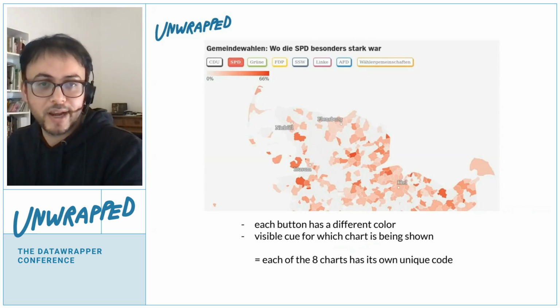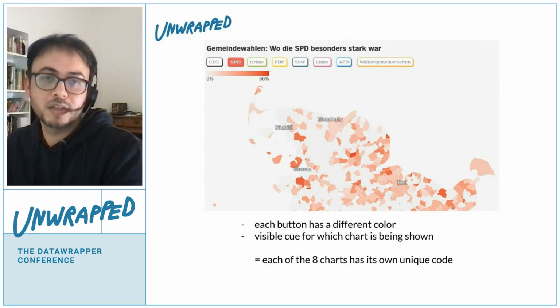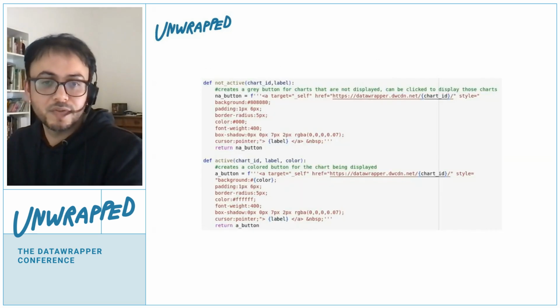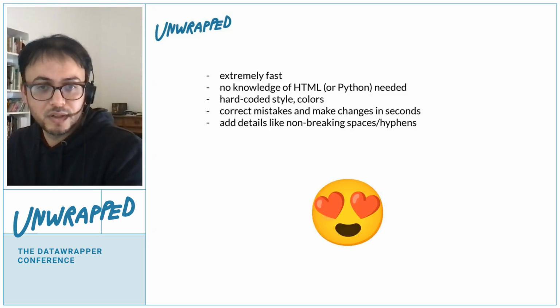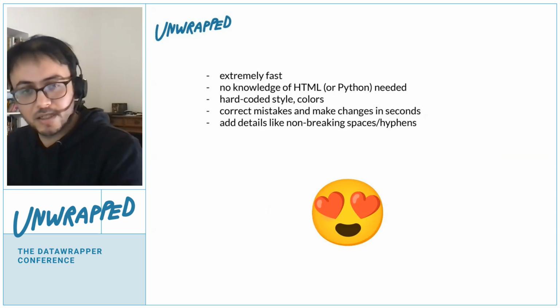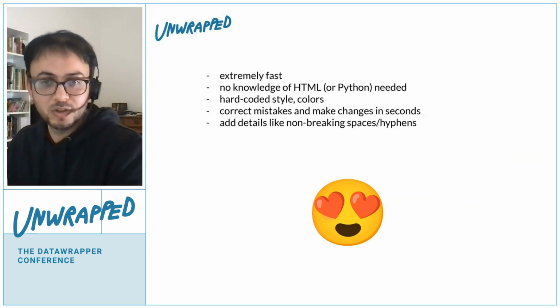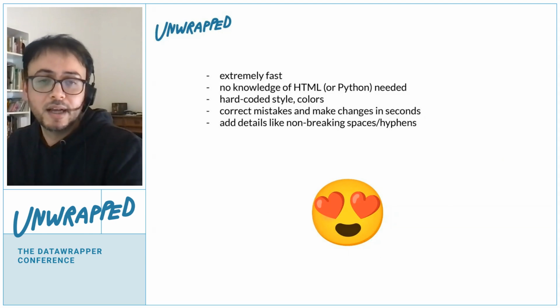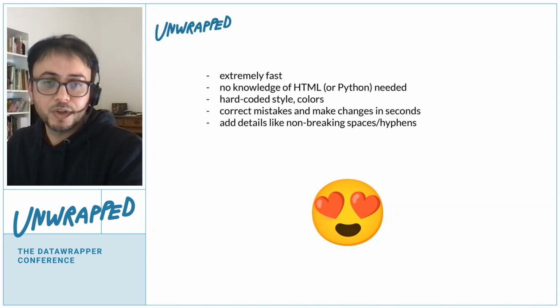You only add the red, but it'll add a transparency layer to the red for the center of the button, and when it's the non-active button, it'll actually be a slightly different color of red. It does all of those calculations by itself, so you don't have to sit there and transform your hex codes into RGB codes and add transparencies and stuff like that. You can correct mistakes and make changes in seconds.